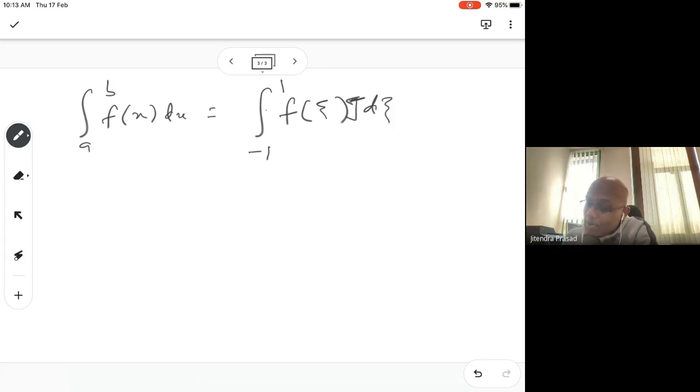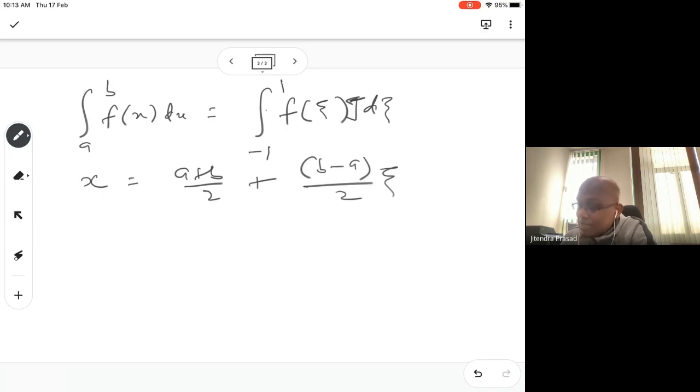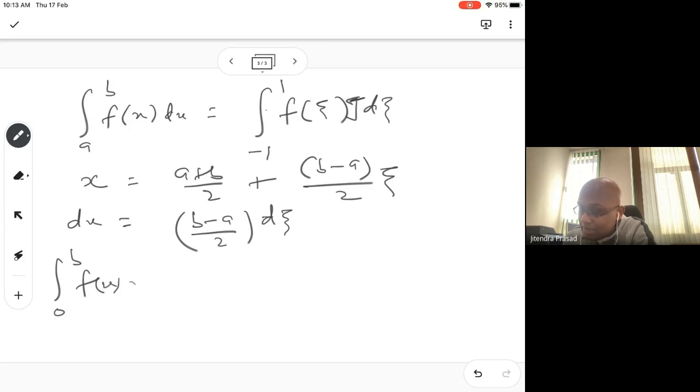Okay, now we have x equal to a plus b over 2 plus b minus a divided by 2, and then we have xi. So dx will be equal to b minus a divided by 2, right? d xi. Right? So that means integral a to b f(x) dx will be equal to, what we will do?